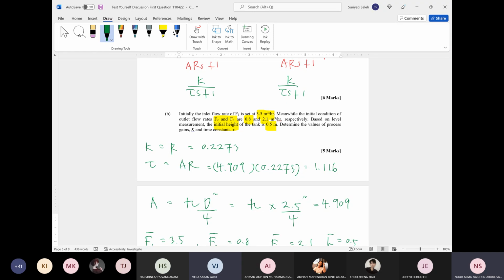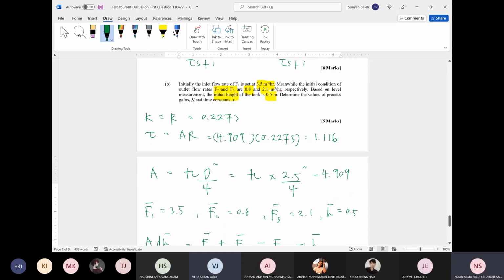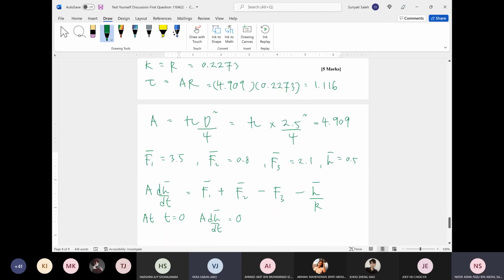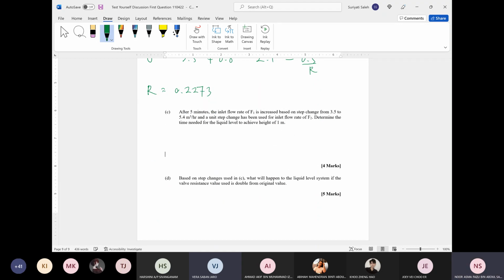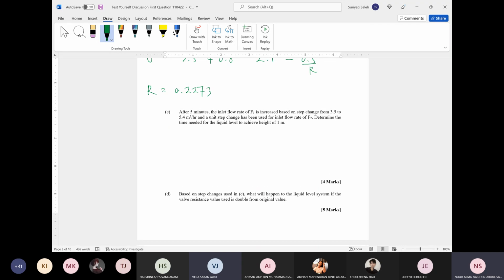Let's complete question B. So we have K and we have tau. Now for part C, we go back to your friend's question. After 5 minutes, the inlet flow rate F1 is increased by a step change from 3.5 to 5.4, and a unit step change is used for the inlet flow rate F2. Determine the time needed for the liquid level to achieve a height of 1 meter.